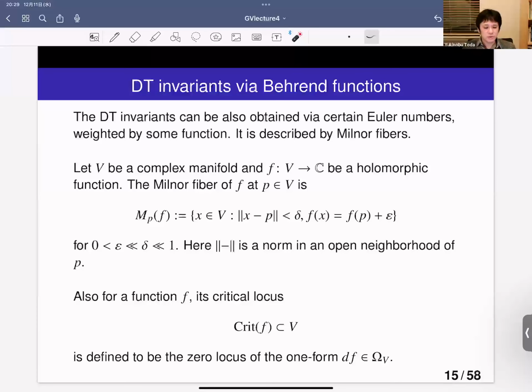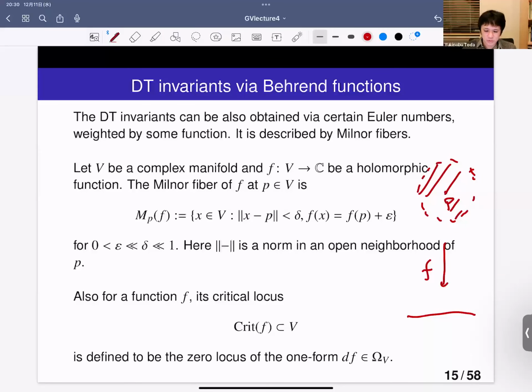So in general, let X be a complex manifold, and f is a holomorphic function on it. Then we can define the so-called Milnor fiber of this function f at this point P. It is given in this way. We have the point P, and we take some neighborhood, and we have the function f.